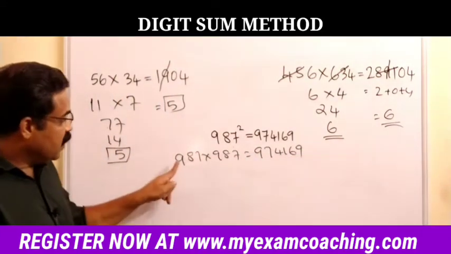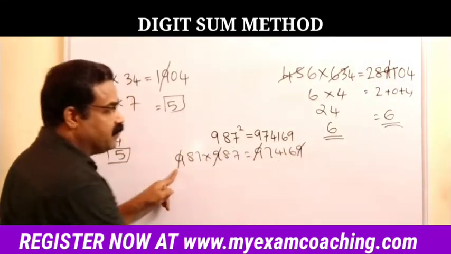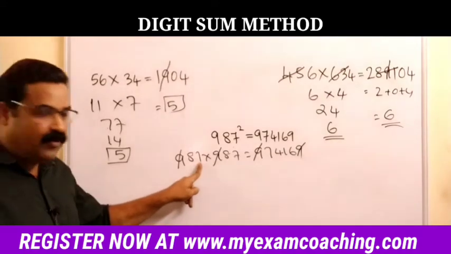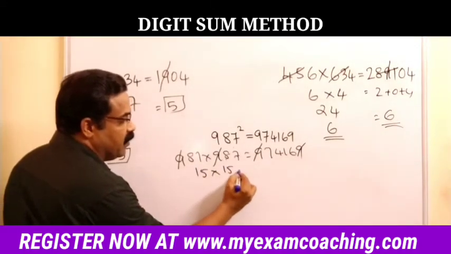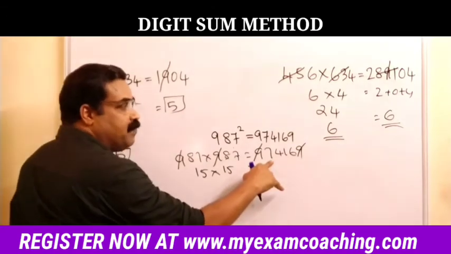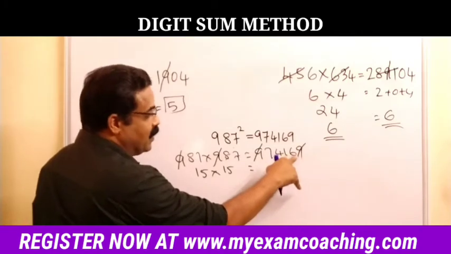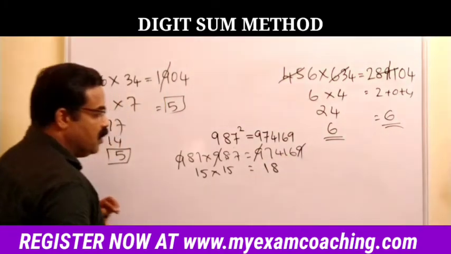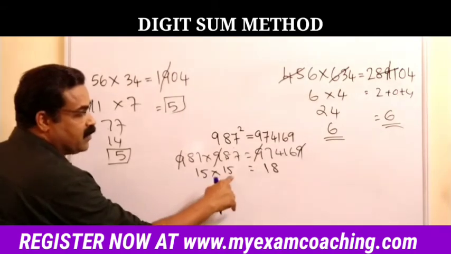Now we can see here we have a 9, here we have a 9. 8 plus 7 is 15. Again 8 plus 7 is 15. On the right we have 7 plus 4 is 11, plus 1 is 12, plus 6 is 18. 15 means 6, again 15 means 6: 1 plus 5 is 6, 1 plus 5 is 6.